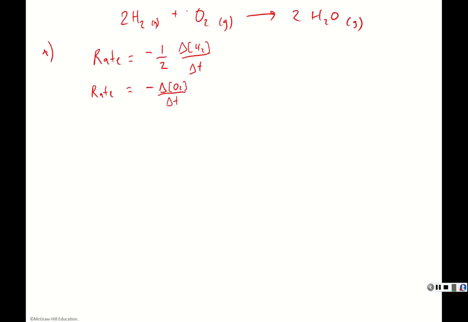Because the coefficient for oxygen is a 1. And then finally, the rate of H2O is plus 1/2 times delta H2O over delta T. Right? H2O is a product. It'll be increasing over time. The reactants will be decreasing over time. That's why there's a negative out in front.